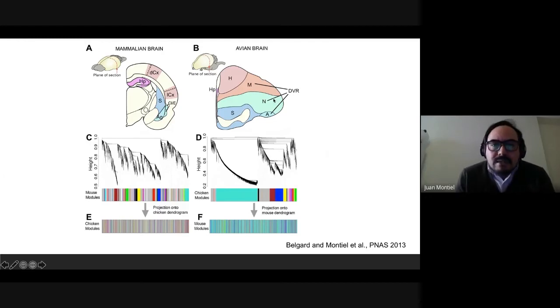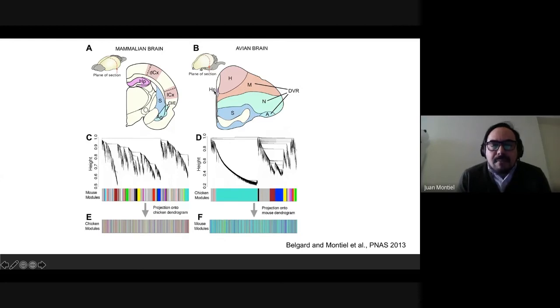So we ran a transcriptomic analysis, which is an unbiased analysis. We dissected different parts of the brain involved in this debate about homology: the dorsal cortex, different layers, the hippocampus, the striatum, the amygdala, the claustrum, the piriform complex as well, and we compared with different nuclei of the avian brain.